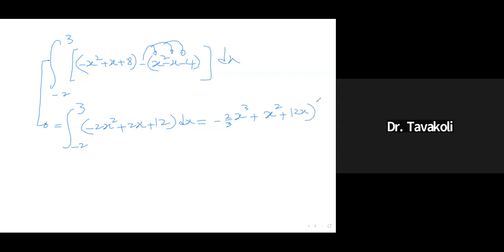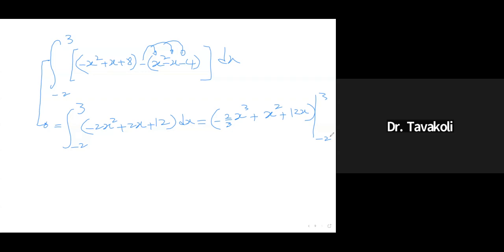Then I should evaluate these at these end numbers, minus 2 and positive 3. The lower limit of the integral is minus 2 and the upper limit is positive 3.